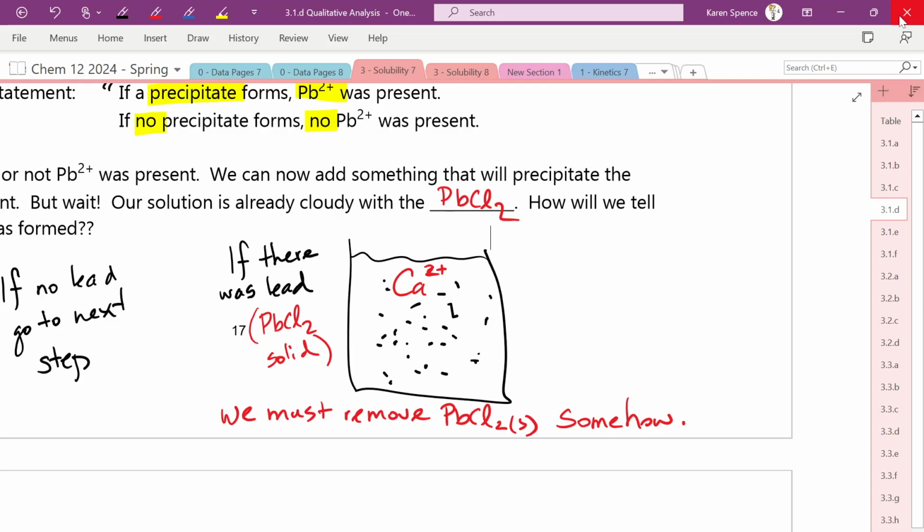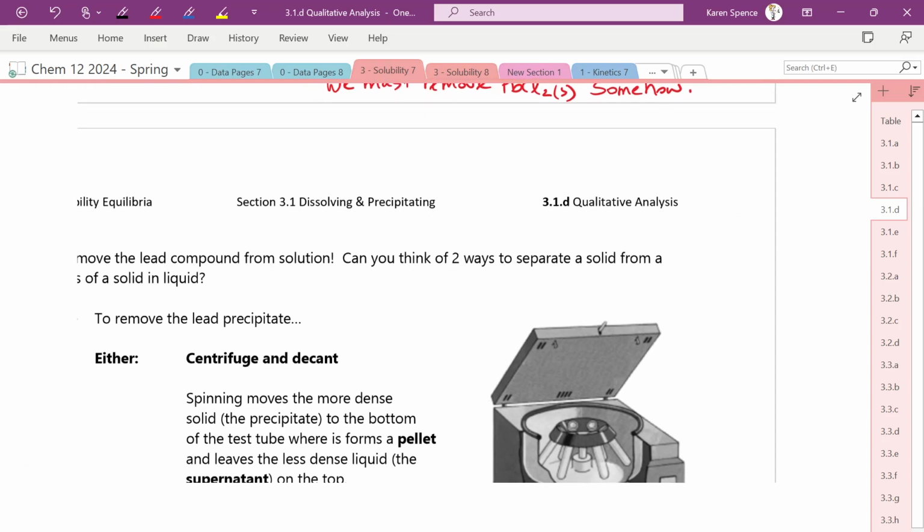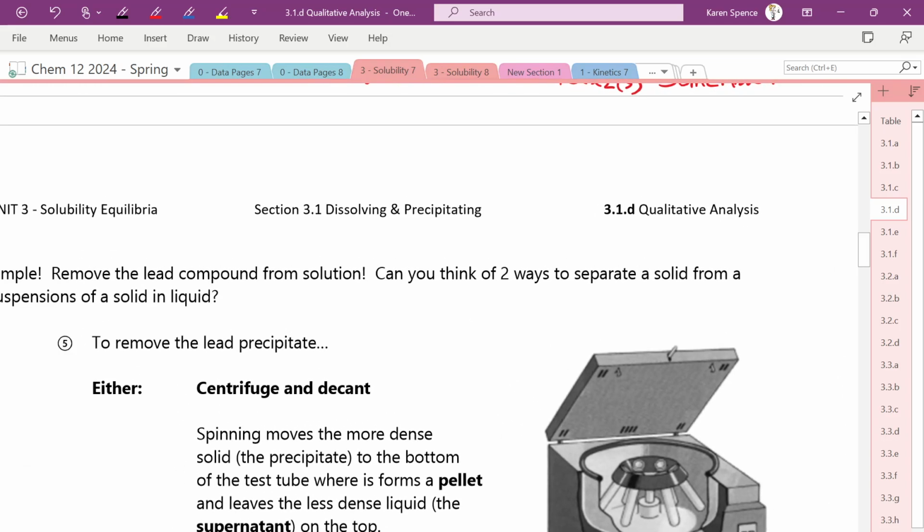Okay. And now we're going to turn this on. And then we wait. So while we wait, we can go over here and learn about what we're going to do after we've spun it.